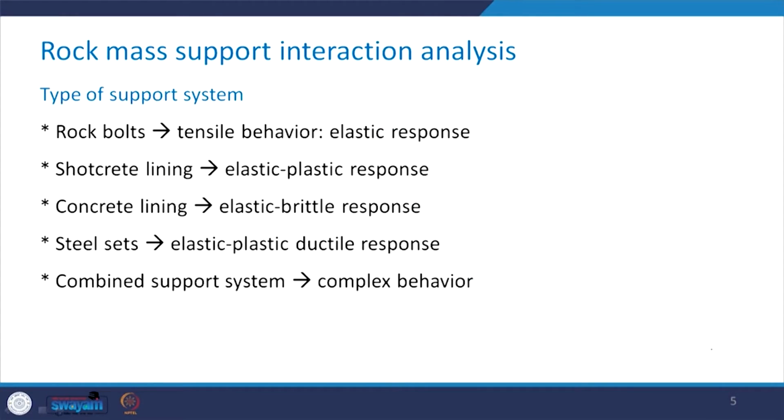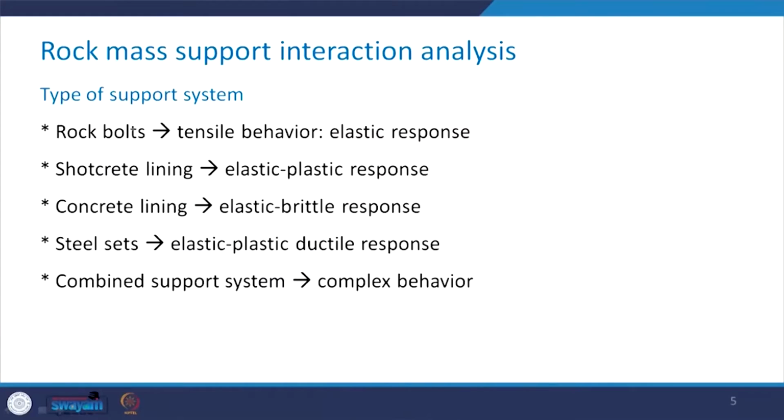Coming to the types of support system. Various types of support systems can be installed depending upon the requirement. Some of these have been listed here. The first one is rock bolts. It has tensile behavior and its response is elastic.